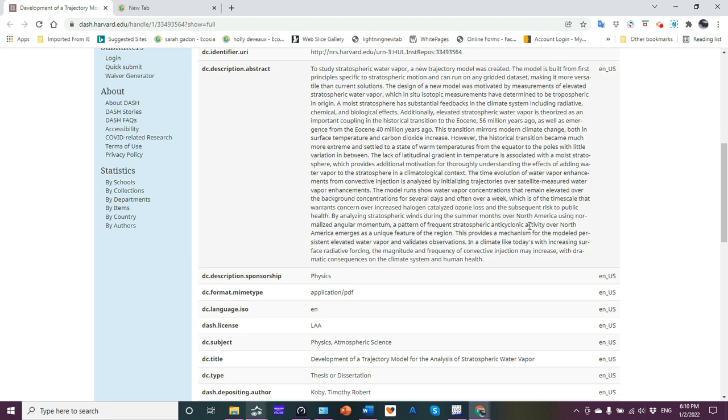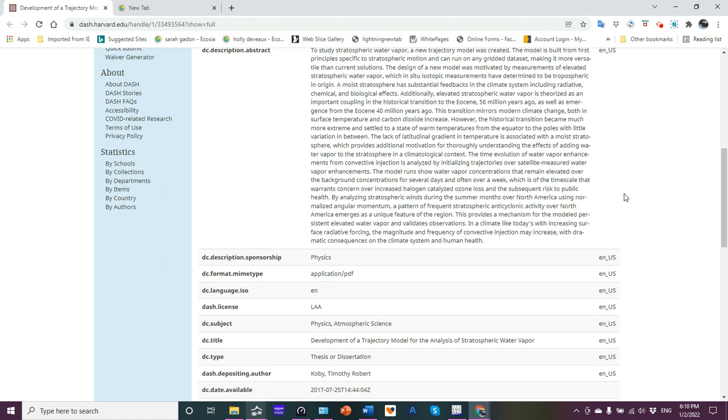In other words, this might be the mechanism most likely explaining the observations being made. In a climate like today's, with increasing surface radiative forcing, the magnitude and frequency of convective injection may increase, with dramatic consequences on the climate system and human health.